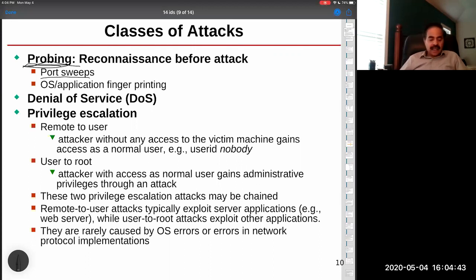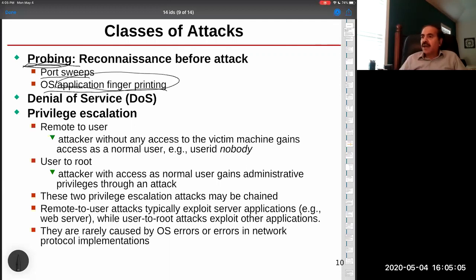Sometimes it's not an actual connection, but just a single packet that's sent for probing purposes. And once the attacker finds out what services are running, then they go on to gather more information about the applications that are running. So this is application fingerprinting.